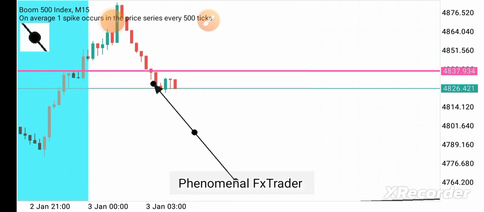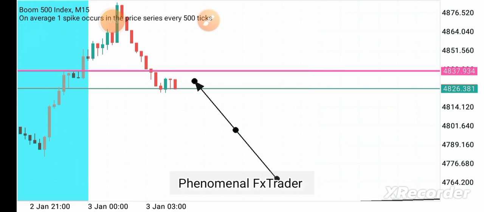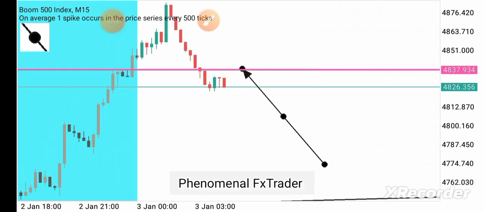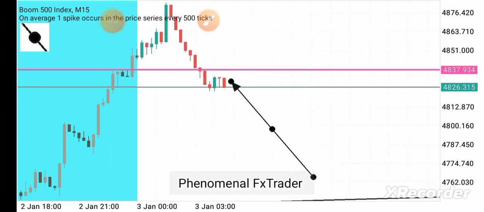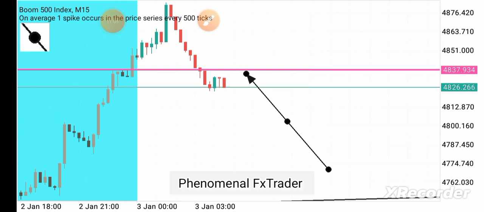So if we can get a retest, there is a chance that the market will continue selling back down. So you can scalp the market for an hour or two. So just be watching this market here. Let it retest. If it doesn't retest, I won't advise you to go in.